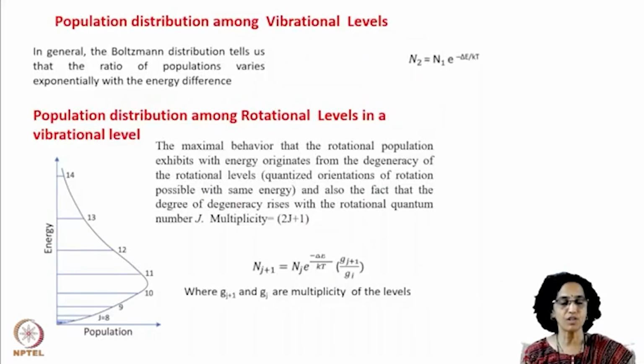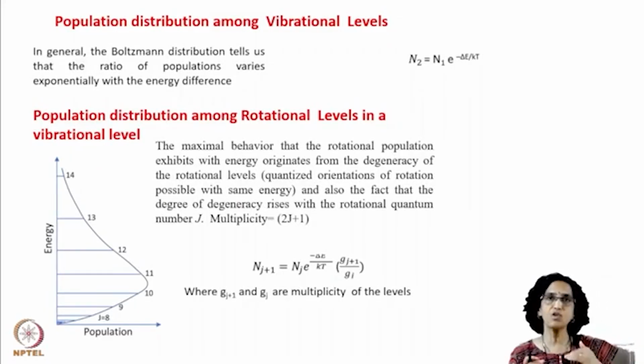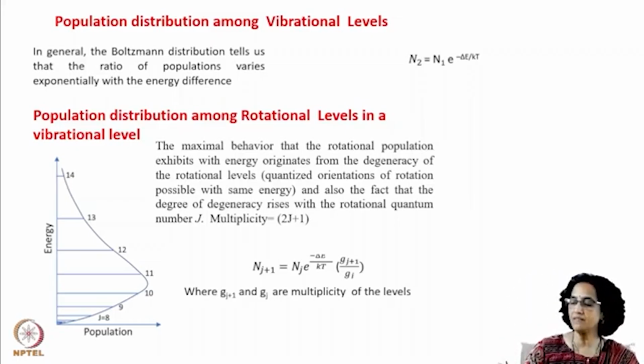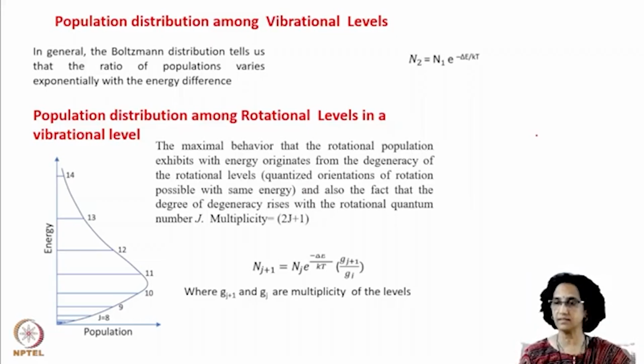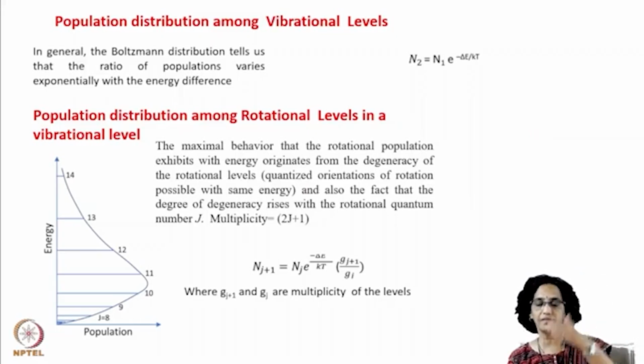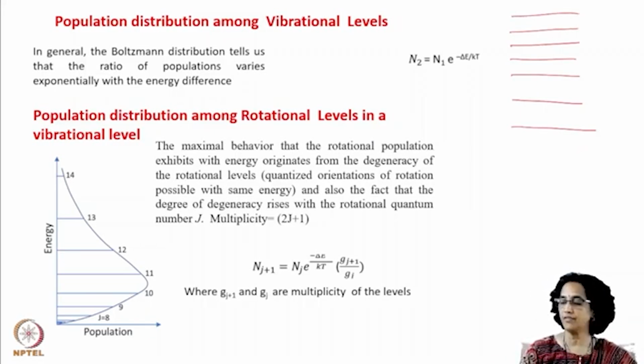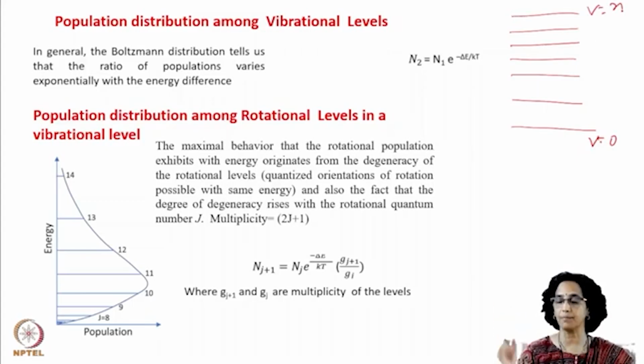But before going to the rotational levels, we should know how population is distributed among various vibrational levels and various rotational levels. Now, vibrational levels, we know, if we do not consider anharmonicity, they are equispaced, otherwise they get closer. So you have V equal to 0 to some V equal to N or even higher.